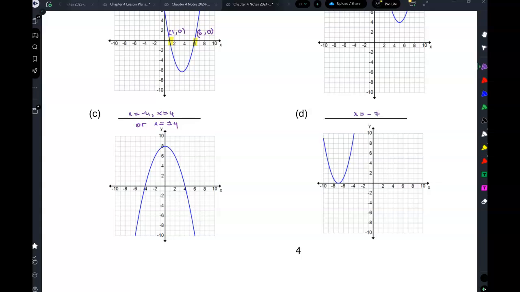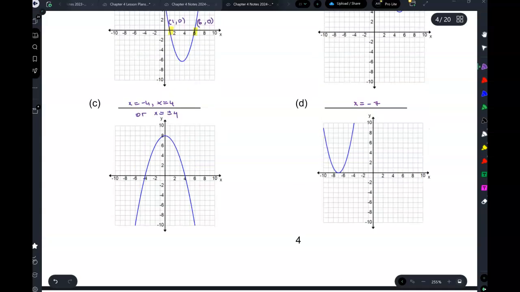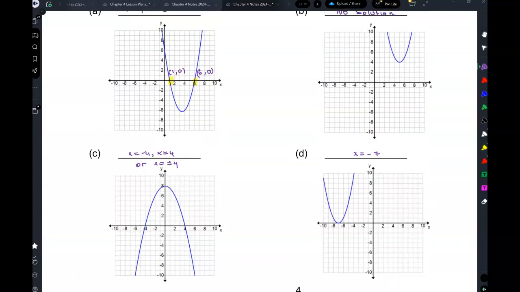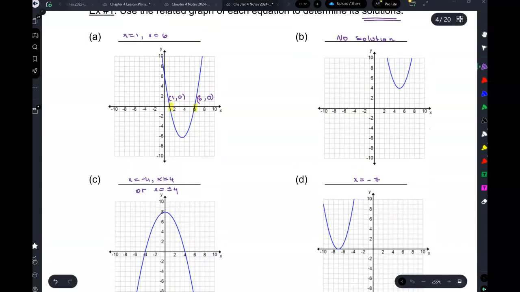All right, now, before we move on to the next page, take a look at A. There is a solution here at x equals 6, correct? Now, what do you notice? Let's look at the y values. At x equals 6, what's the y value? 0.